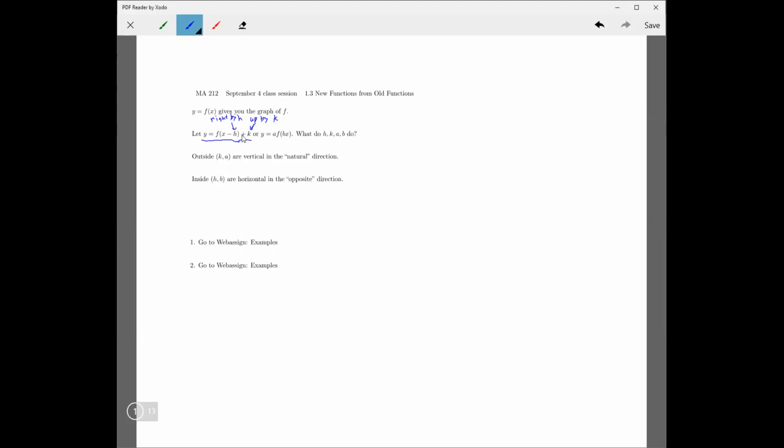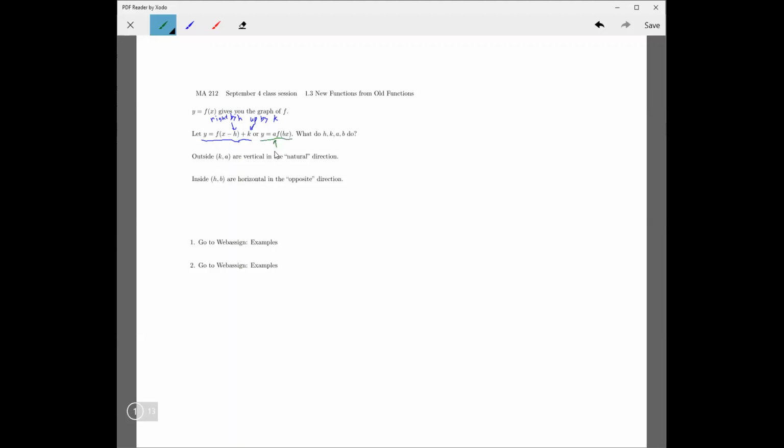Okay, so this k, it's a plus k, it's up by k, or if k is negative, then it'll go down. Here, if h is negative, then it will go to the left. Okay, but there's this negative sign here that's kind of built in. That's confusing.